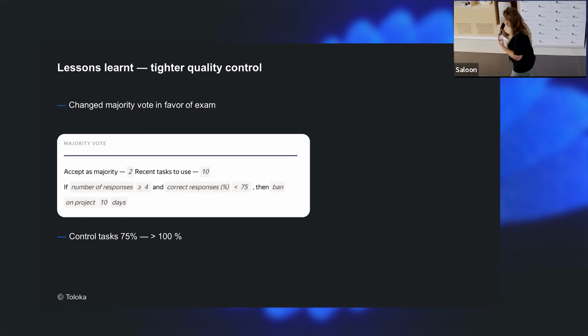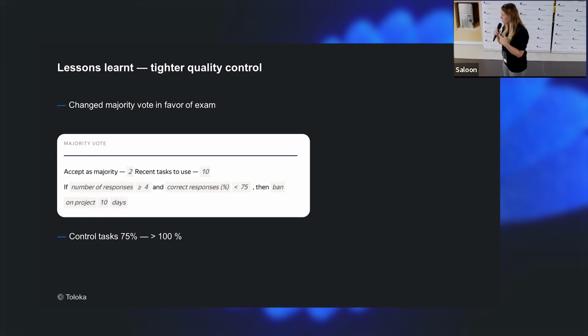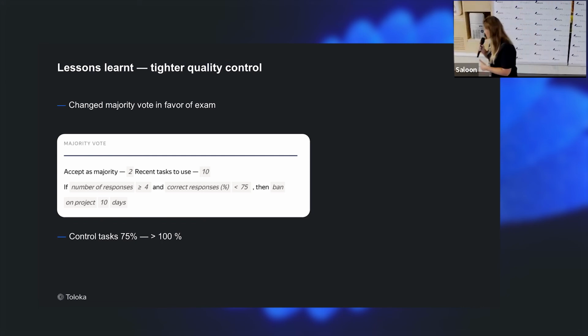But it did not work so well in practice. So I changed this. I removed this majority vote rule and replaced it with the exam I told you about before. In my case, the exam worked much better.